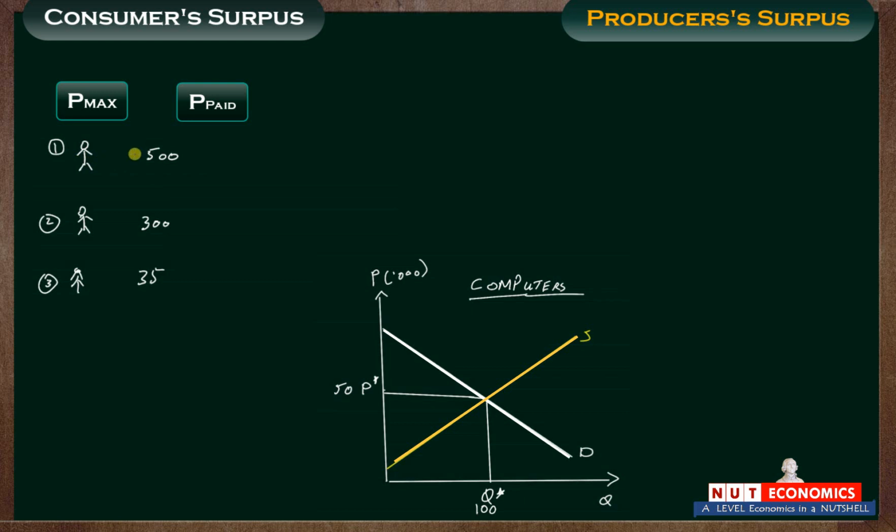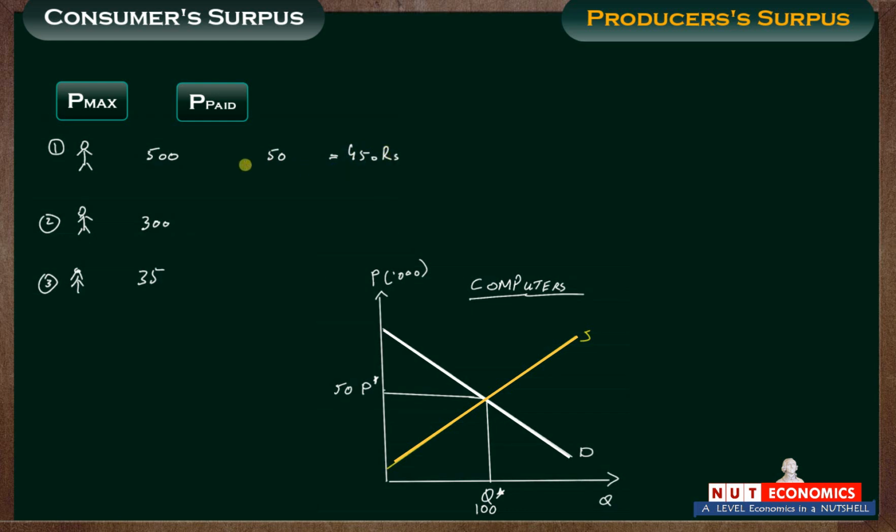So this guy, who is willing to pay a maximum of 500,000, will only have to pay 50,000 rupees and he'll get this computer. And you should already see the benefit he is getting. He's getting the computer by paying just 50,000, whereas the maximum price he would have been willing to pay is 500,000. So net, he gets a benefit of 450,000 rupees.